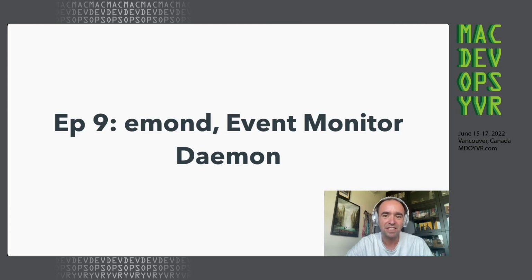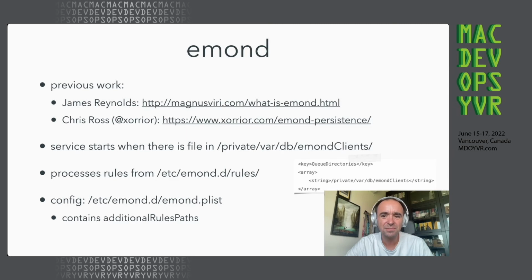Next one, emond, the Event Monitor Daemon. There has been lots of previous work by James Reynolds and Chris Ross on those. Really check out their posts, because they cover everything in great detail. Basically, what we need here is that the emond service doesn't run by default, but will be started when we drop a file in the private var db emond clients directory.